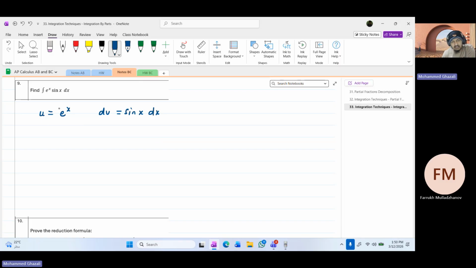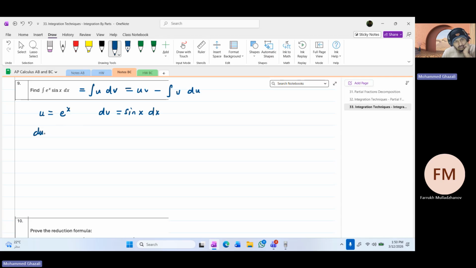Or let's make it the other way around. It's possible, right? So the integral of u dv is equal to uv minus the integral of v du. If I differentiate e to the power x, you get e to the power x. I should have differentiated sine and then cos, then sine, because if I keep on integrating this, it doesn't matter.